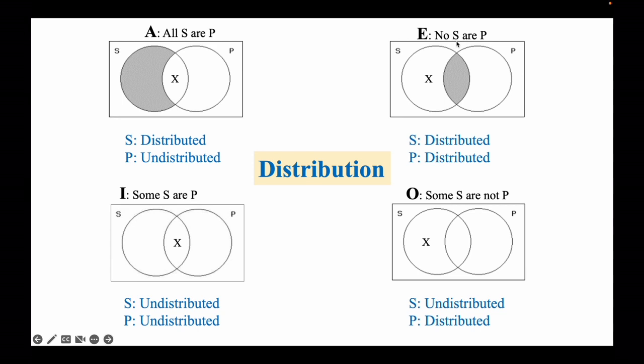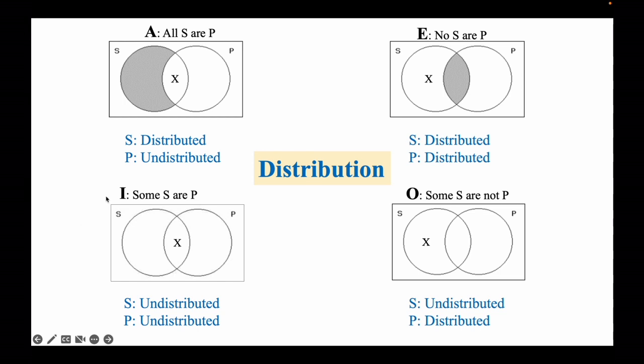It means that all members of the category S are excluded from the category P. Therefore, S, the subject, is distributed. But what about the predicate? Well, same story. All members of the predicate are excluded from the subject. There, as you can see, area 2 is completely shaded in, which means that no members of either category are shared with the other category. Therefore, both subject and predicate are distributed.